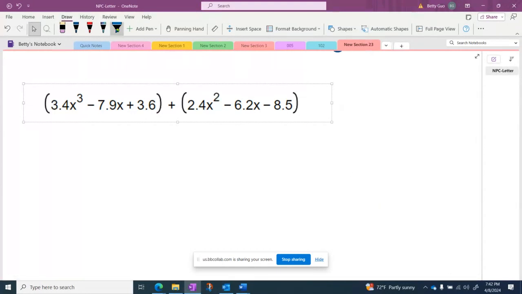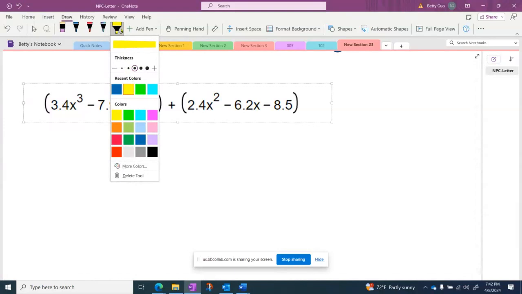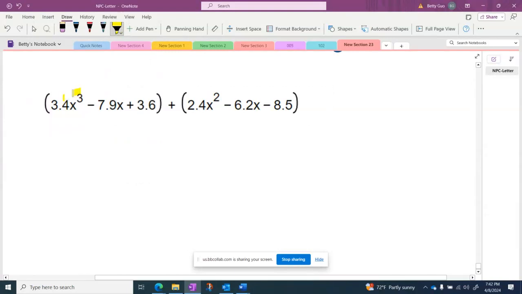The reason I use the horizontal method is because I notice this is a cube. This is a square. They are not like terms. So if I use a vertical method, I cannot align them vertically without making modification. So I decide to use a horizontal method.